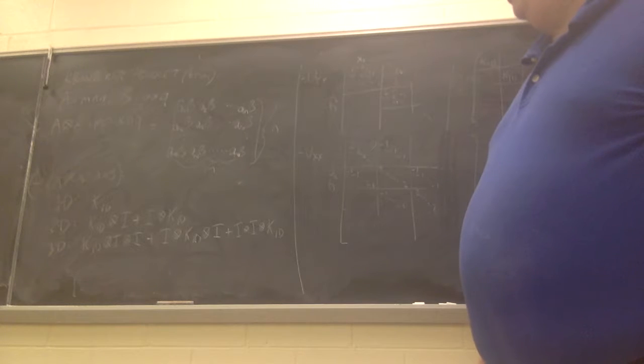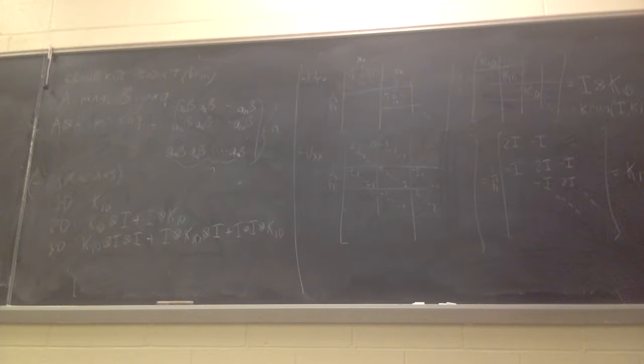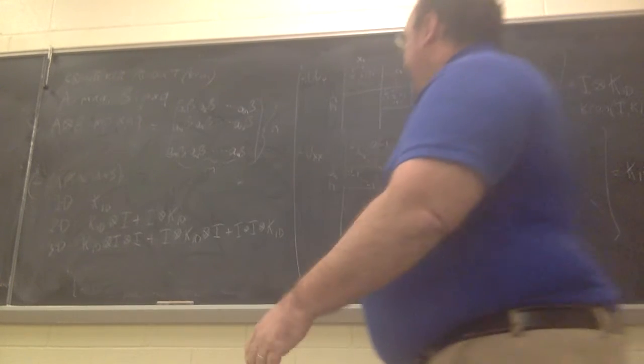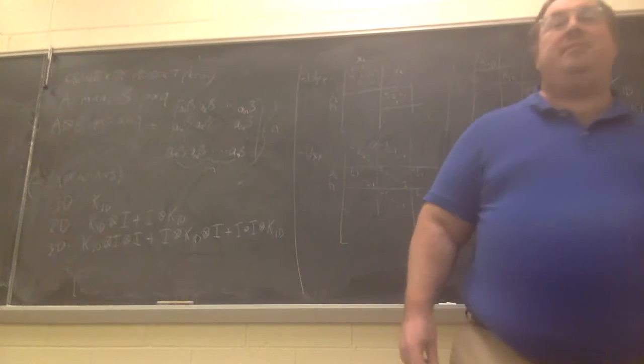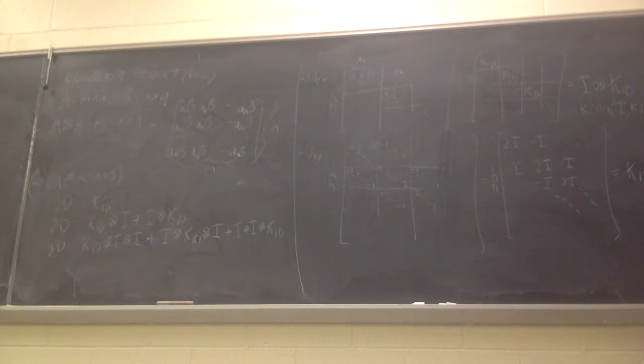Sorry, K1D is the center difference. It's minus u_xx. So here we have all possible Kronecker products involving two identity matrices and a K1D. It gives you three possible orderings, since Kronecker product is not commutative, but it is associative, just like regular matrix multiplication.